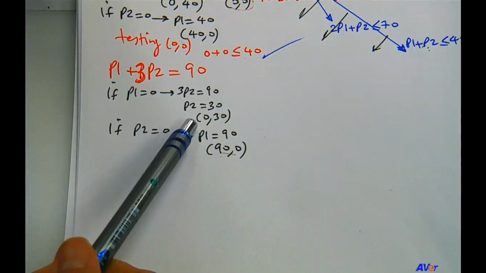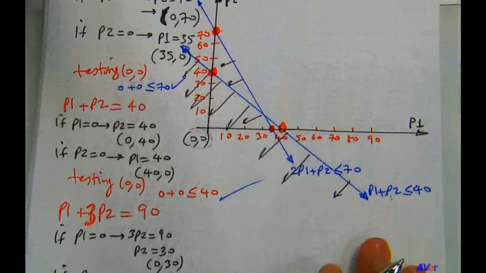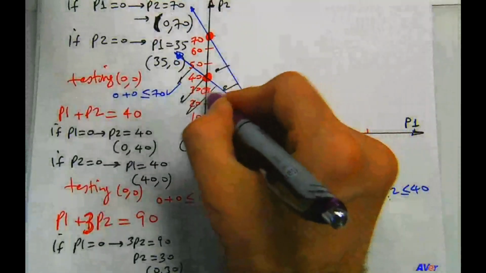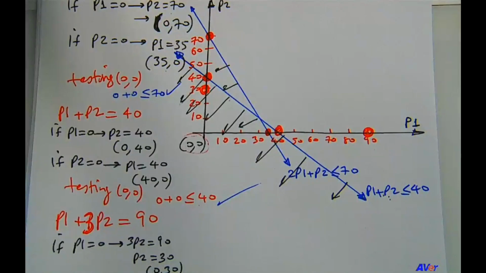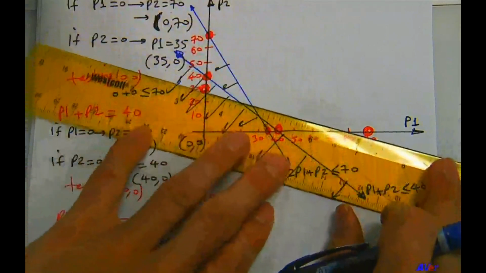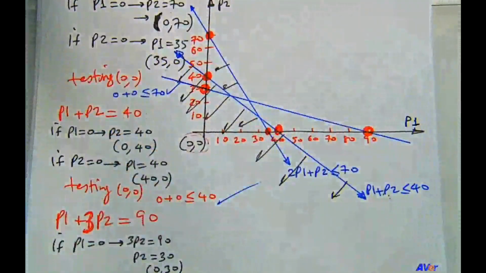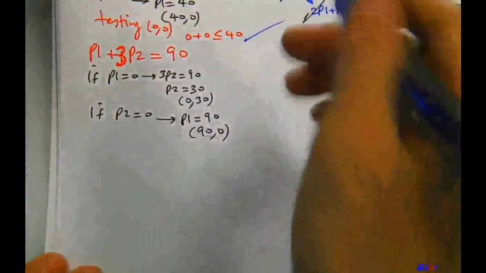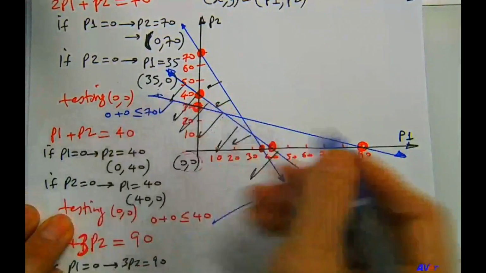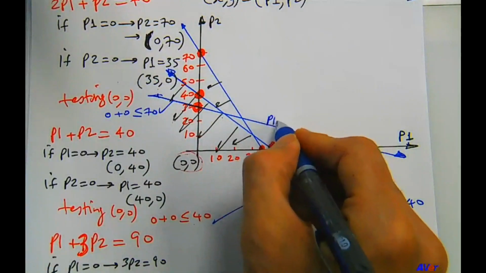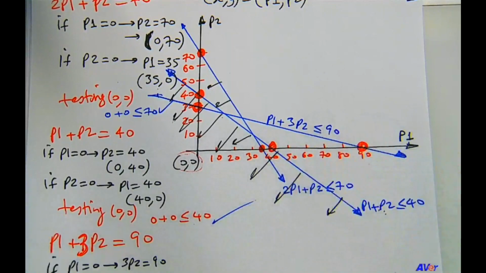Let's plot these 2 points, 0, 30 and 90, 0. 0, 30 would be here. 90, 0 would be here. Let's connect those with a straight line. A test point tells us that the bottom side of that line is the solution. So this is P1 plus 3P2 less than or equal to 90.